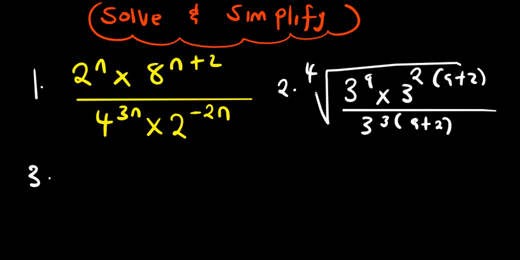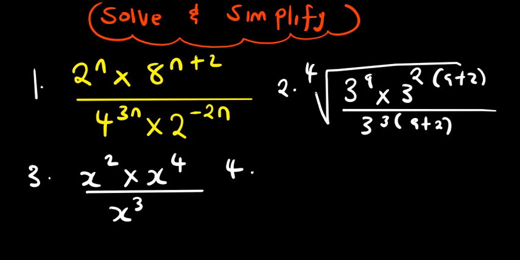Okay, we can put another one. Let's say you are given x to the power 2 times x to the power 4 over x to the power 3.